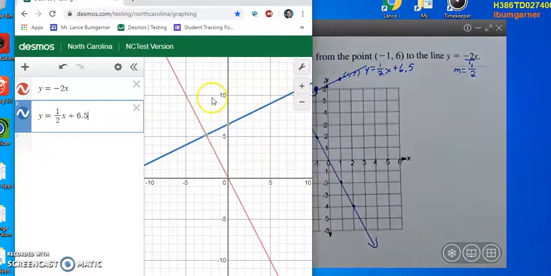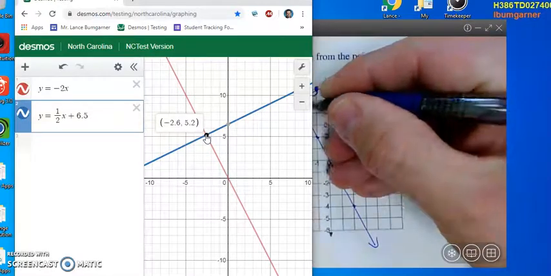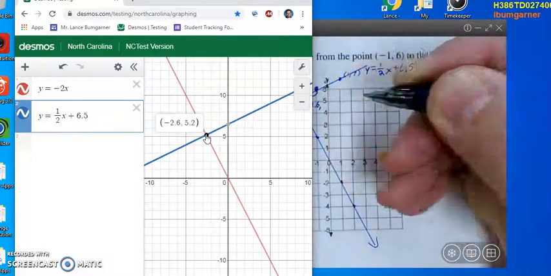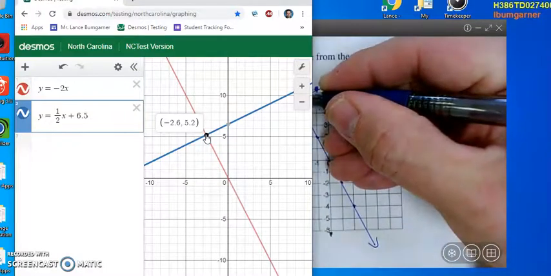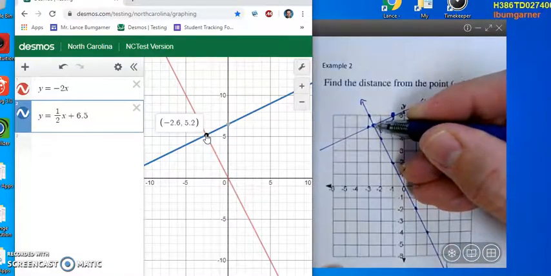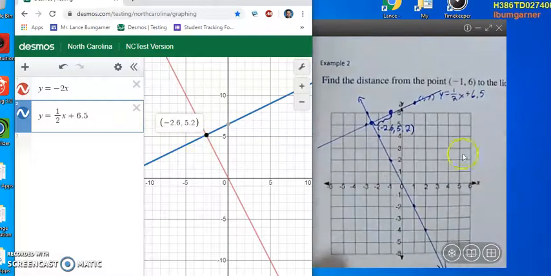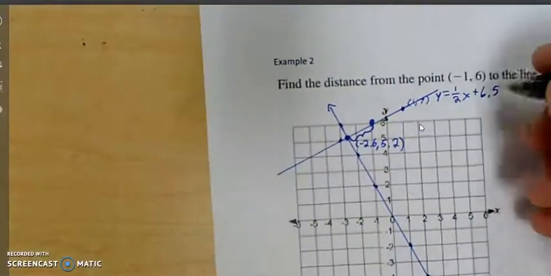Alright, now once I've done that, I'm finding the distance to this point right here, which is negative 2.6, 5.2, which again is representing this point of intersection for those two lines, and I'm finding it to this other point.